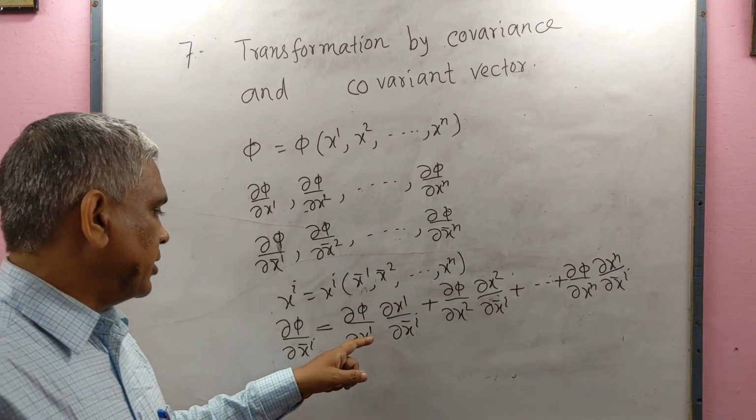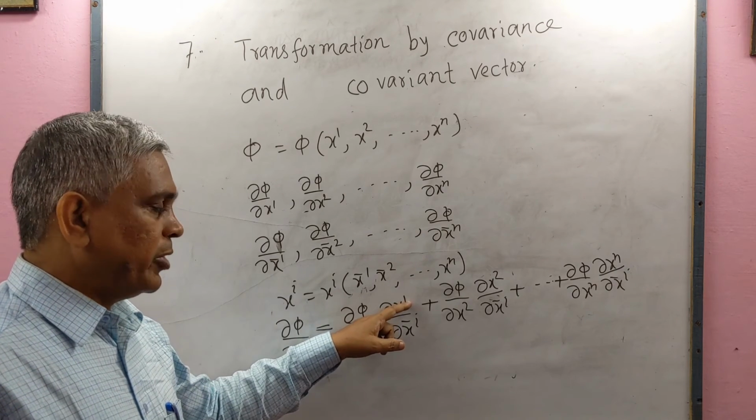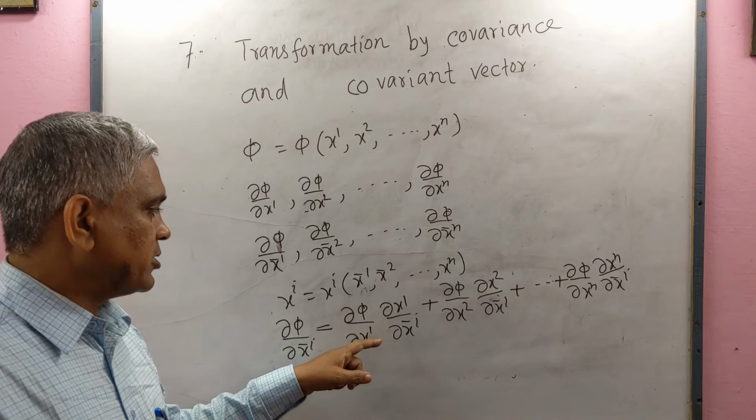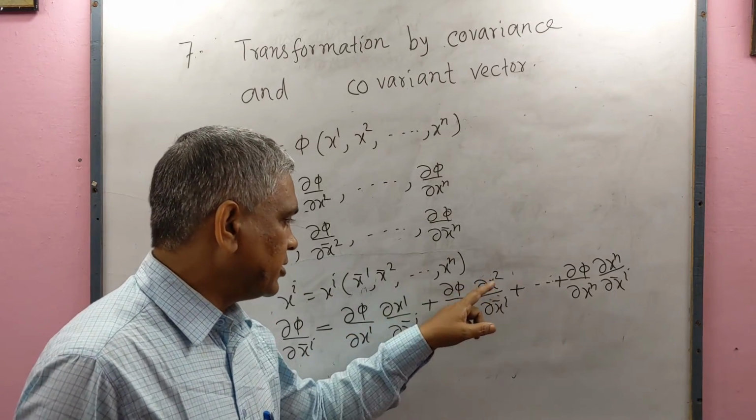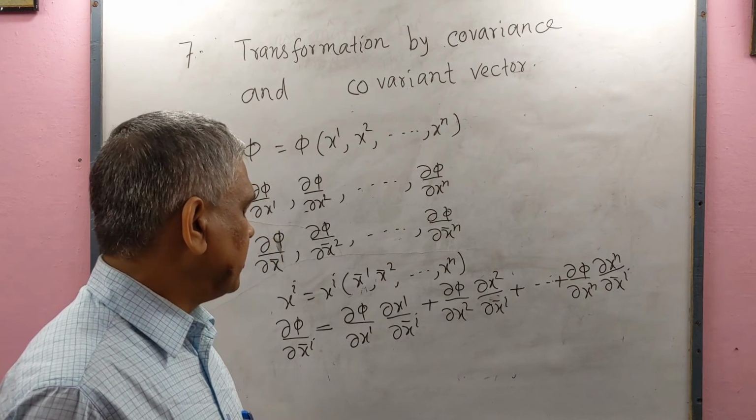Here 1 is a repeated suffix in the first term, 2 is a repeated suffix in the second term, and similarly in other terms.